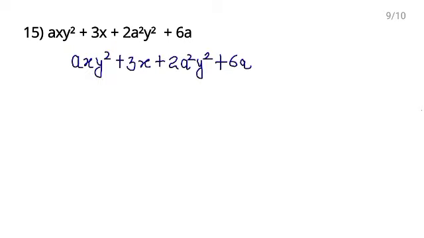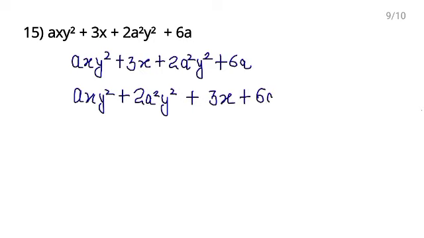So I will keep them together. axy square plus 2a square y square plus 3x plus 6a. From first two terms I am taking a and y square common.